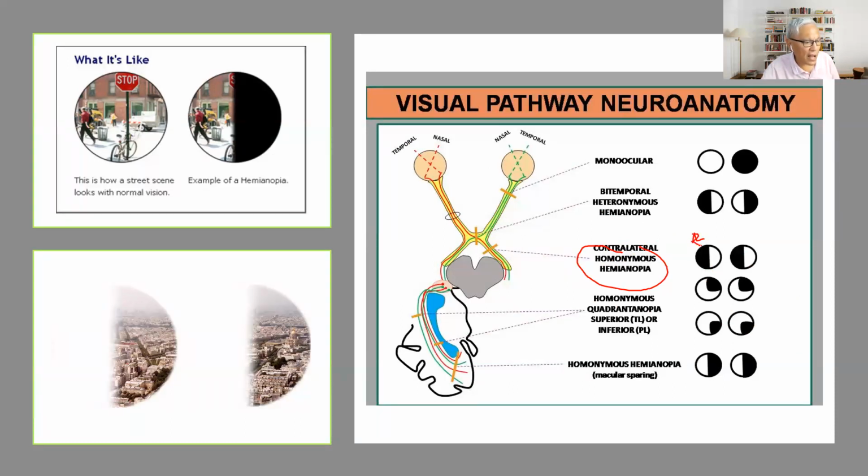This is the right side. But there could also be heteronymous hemianopia, such as this. They're not on the same side, but this is a little bit advanced. So whenever you have hemianopia or hemianopsia, the things that you're going to have to do is to make sure that you approach the patient from the side of good vision and teach them again to scan the environment.